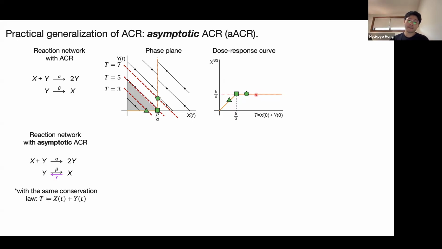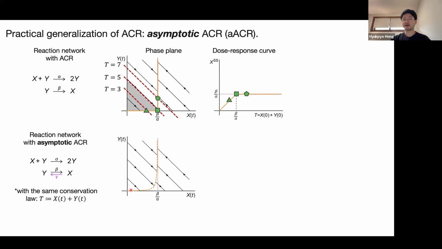And when you add this reversible reaction from x to y, this modified reaction network has the same conservation law because there is still no pure degradation or pure production of X and Y. But now you can see that we add slightly more intensity from X to Y, in this direction, from the right bottom to the left top.